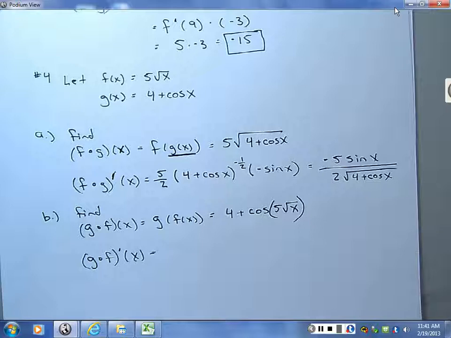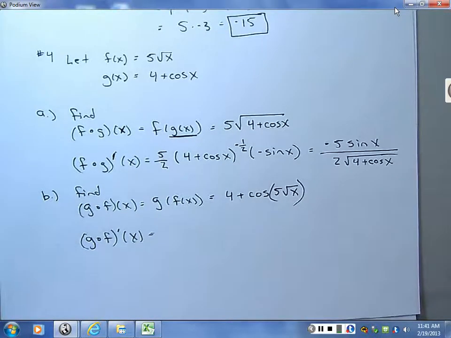Here the outside function would be something to the 1/2, and the derivative of something to the 1/2 is 1/2 something to the minus 1/2, but evaluated at that something, that placeholder. Then I take the derivative of the inside. I may or may not need to do the chain rule multiple times. So the next example we'll do the chain rule more than once. Let's finish this one though.